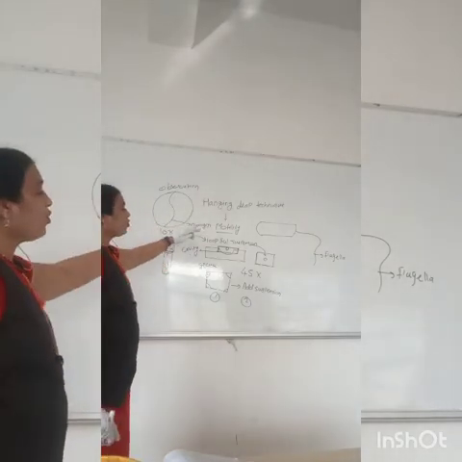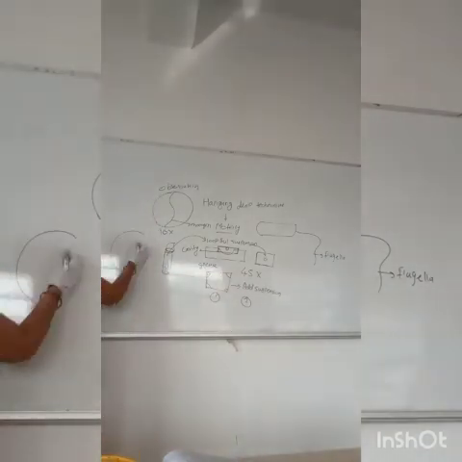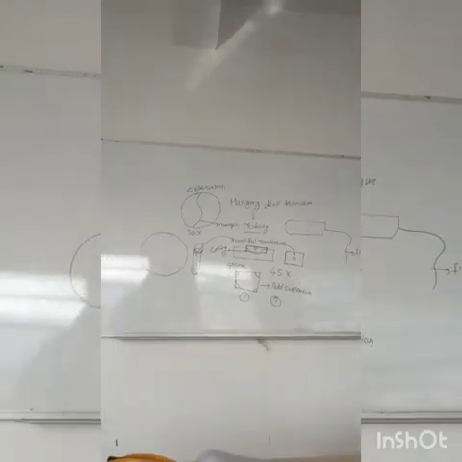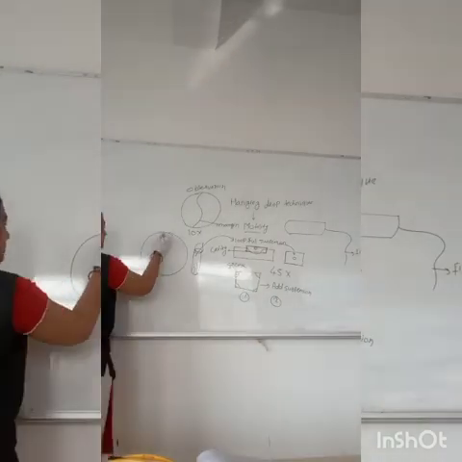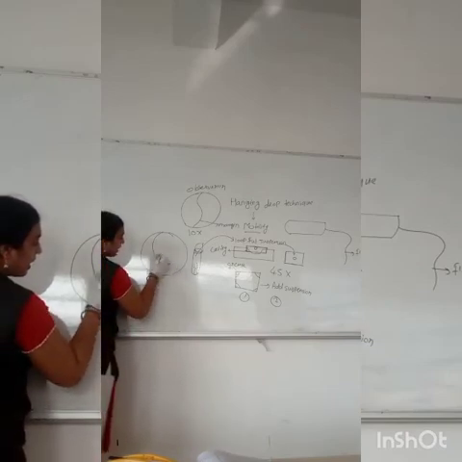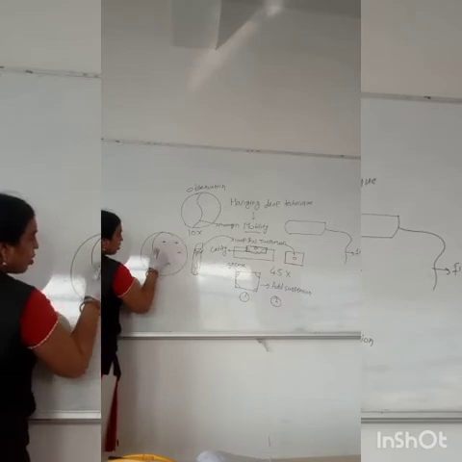When you observe under 45x, it will look like this. You observe this margin, and some organisms are coming like this. These are the organisms.